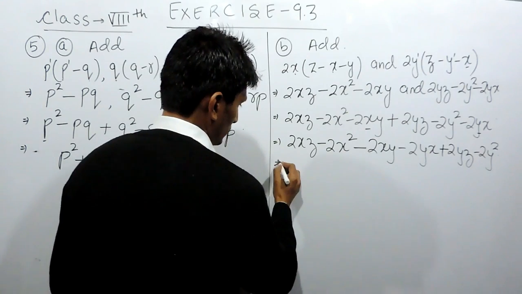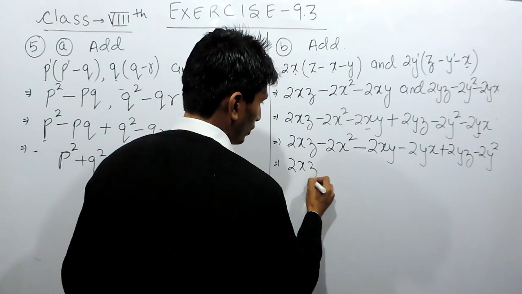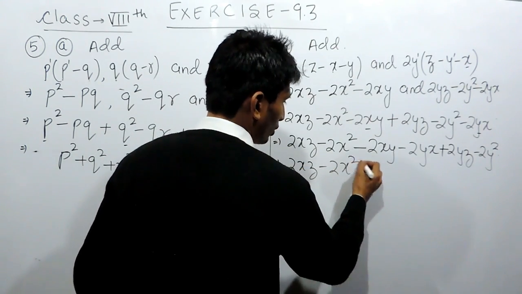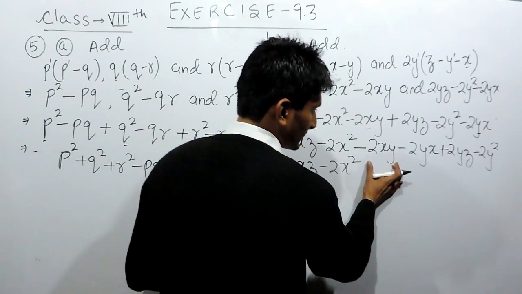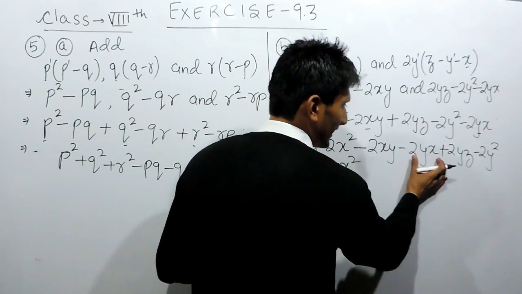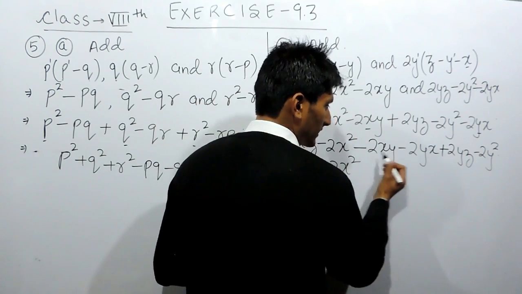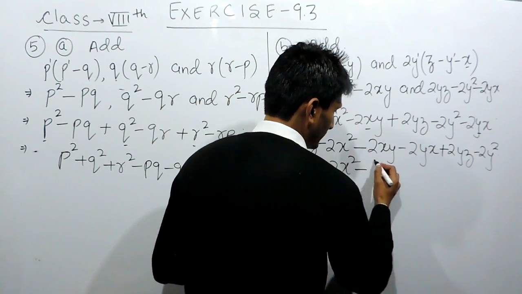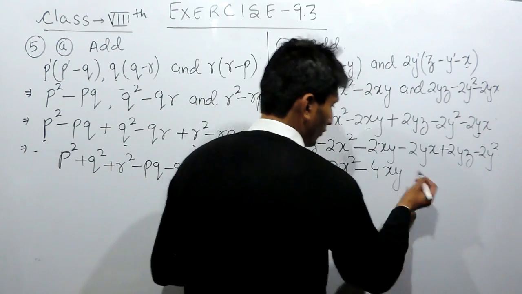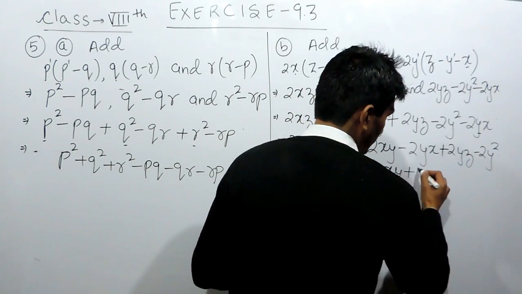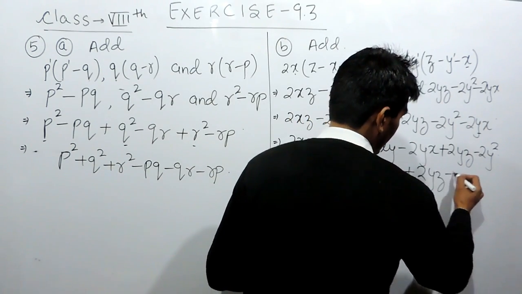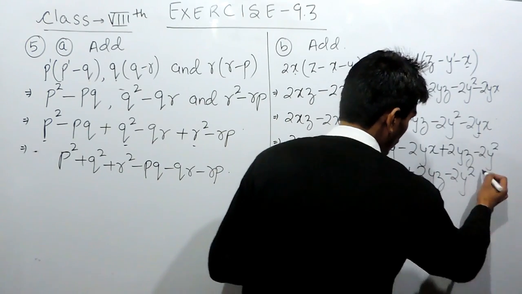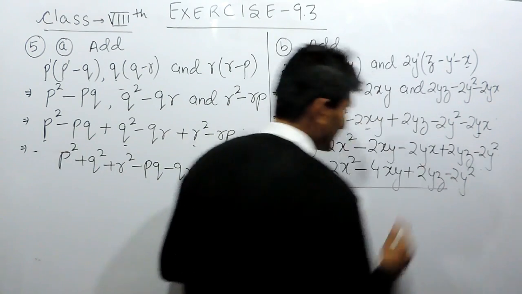Now, the terms which cannot be solved, we have to copy as they are. But this and this can be solved because these are like terms, and minus minus is plus. So 2 plus 2 is 4 with a negative sign. So this will become 4xy. This will be 2yz, and at the last this will be 2y square. So this should be the answer.